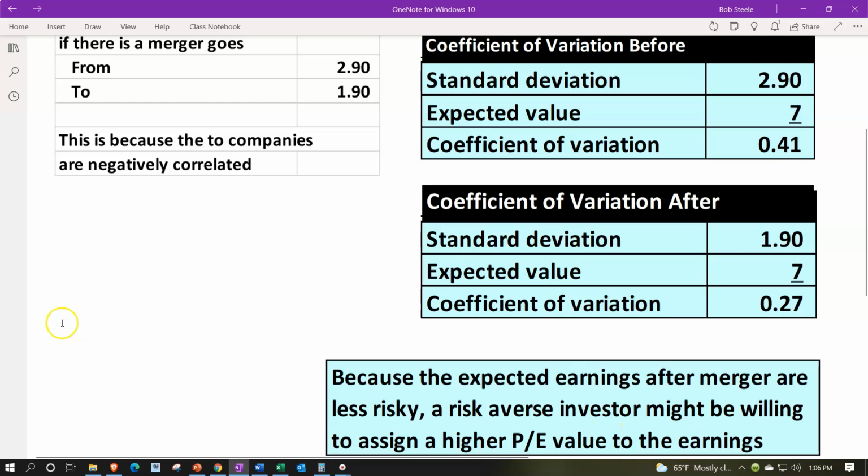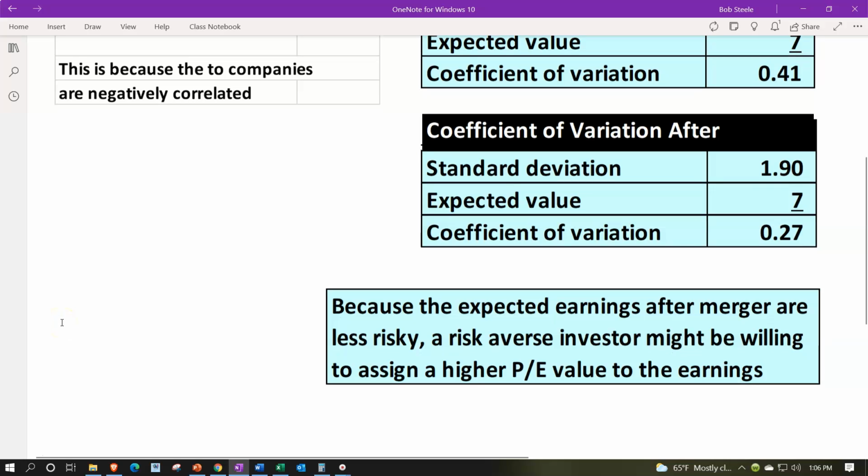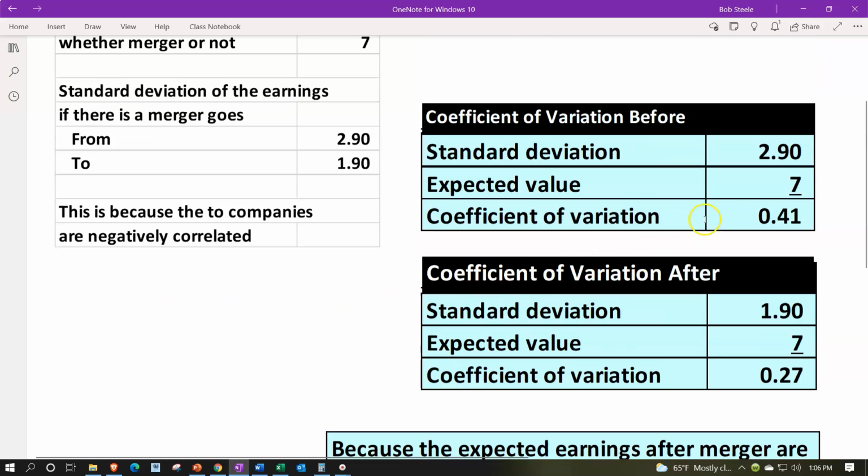So because the expected earnings after the merger are less risky, a risk-averse investor might be willing to assign a higher PE ratio value to the earnings, meaning basically the market price might go up compared to the same earnings amount, which is still at the 7 at the earnings per share, given the fact that there's less risk.